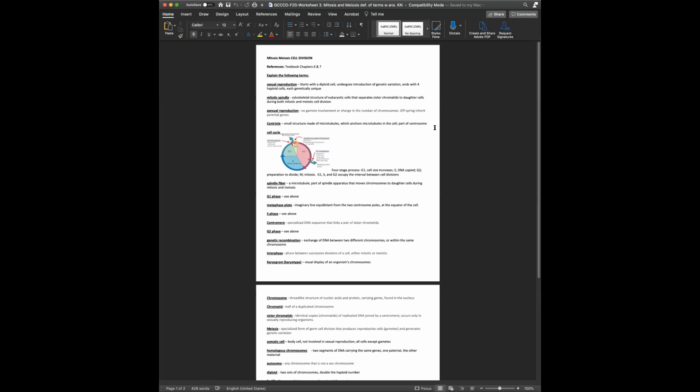In this worksheet, which is just a set of terms and their definitions, one of the terms is cell cycle. So I put a diagram of the cell cycle here. And yes, you're right, you should study this and understand what it is. Most of the cell cycle does not involve mitosis or meiosis.